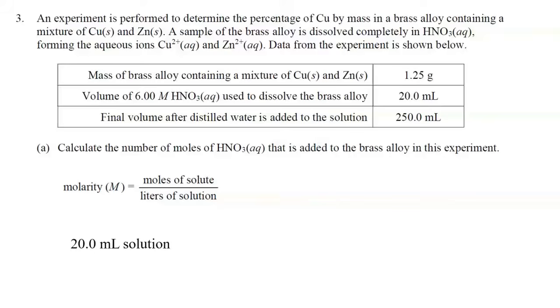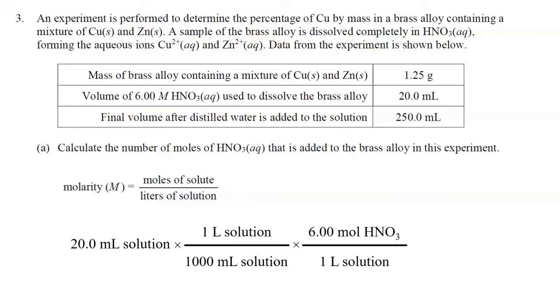We're going to convert milliliters into liters, so times 1 liter over 1,000 milliliters. And then we use 6.00 moles per liter as a conversion factor to go from liters to moles. So if we do this math, 20 divided by 1,000 times 6, again that would be 3 sig figs in our answer, 0.120 moles of nitric acid is added to the brass alloy in this experiment.